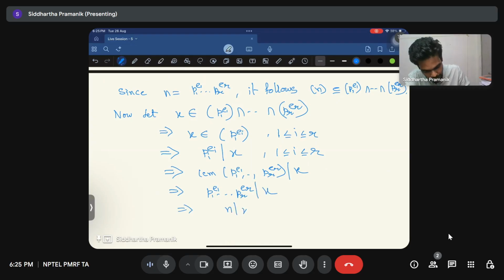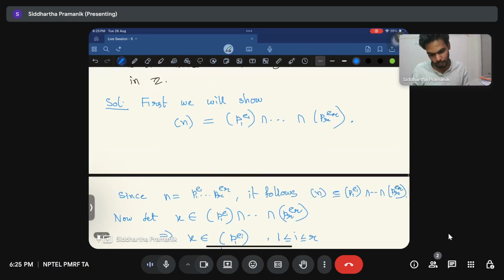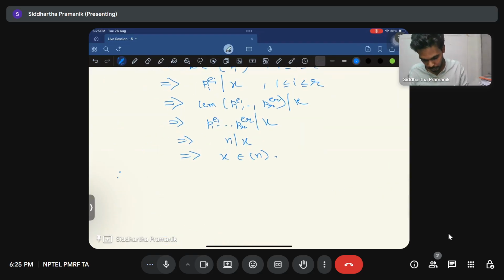So n has to divide x. So that will imply x belongs to the ideal generated by n. So we have proved the equality: the ideal generated by n equals the ideal generated by p1^e1 intersection the ideal generated by pr^er, which is a primary decomposition.